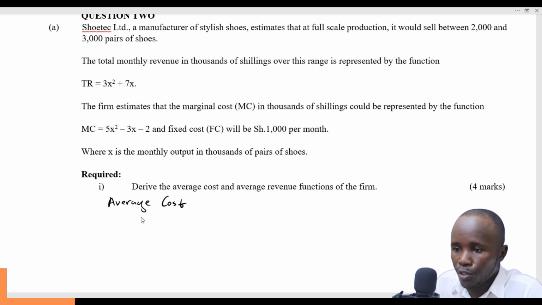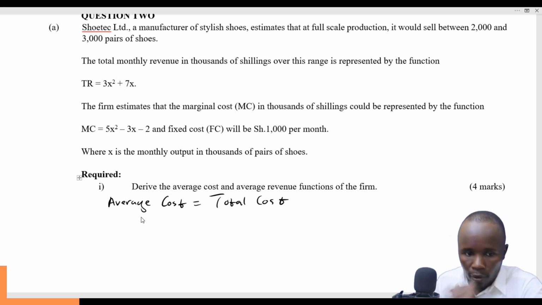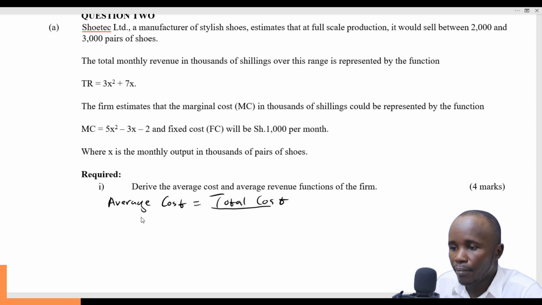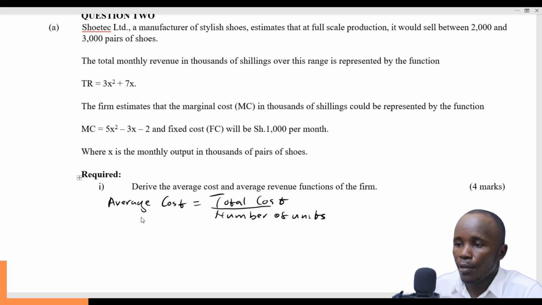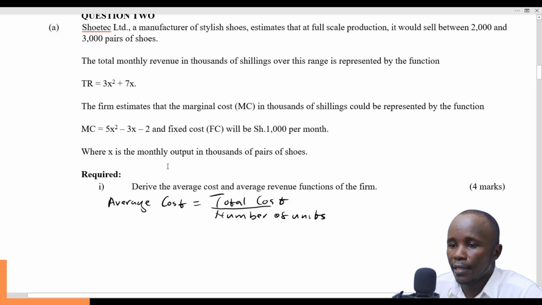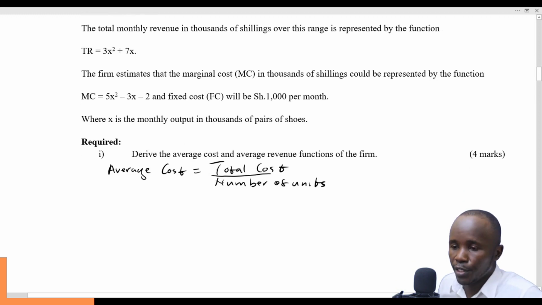The average cost is obtained from having the total cost and dividing by the number of units. That's how we find the average cost. Here, you have been told that x is the monthly output in thousands of pairs of shoes. Therefore, x will be the number of units.